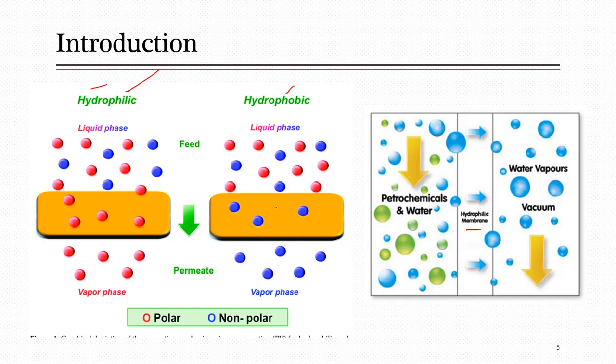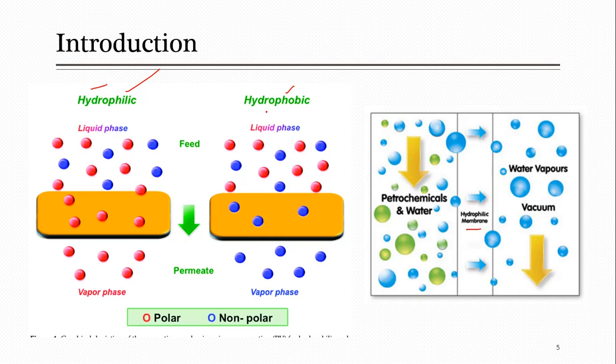For example, if water is in large amount and some other hydrocarbons are in very small amount, we will prefer to pass those hydrocarbons through the membrane and get them separated. But if hydrocarbons are in large amount compared to water, we will prefer to remove water through the membrane.